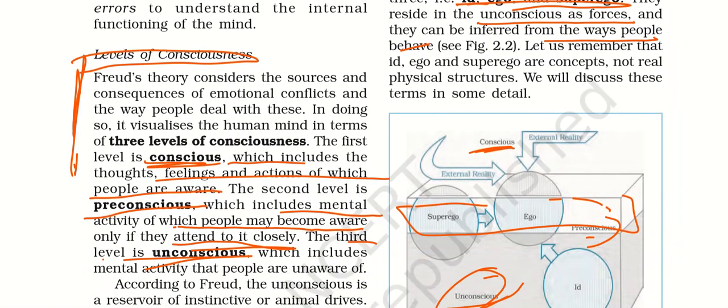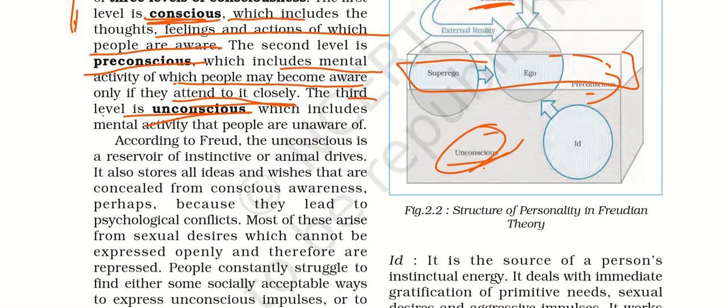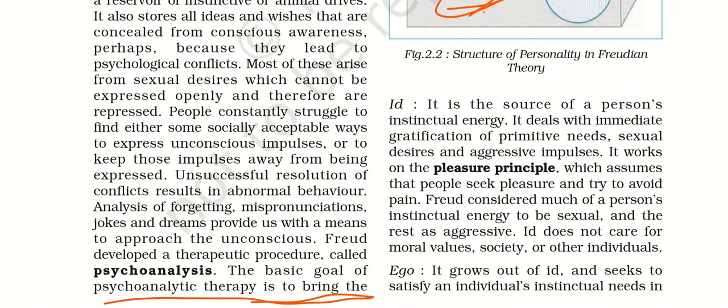So let's see what all these mean. Id is basically the source of a person's instinctual energy. It deals with immediate gratification of primary needs. This can be your sexual desires, your aggressive impulses. It works on the pleasure principle. Remember, just relate id with pleasure.